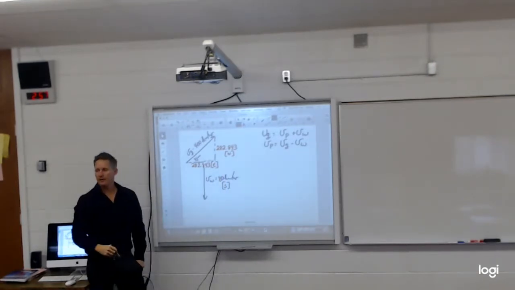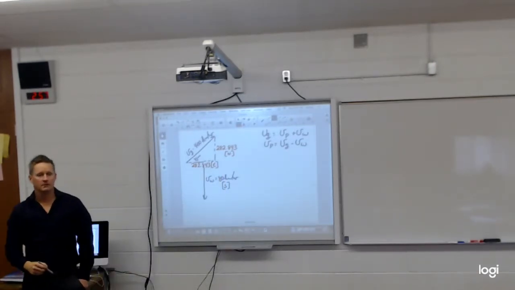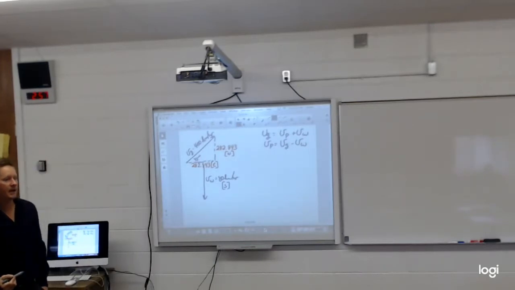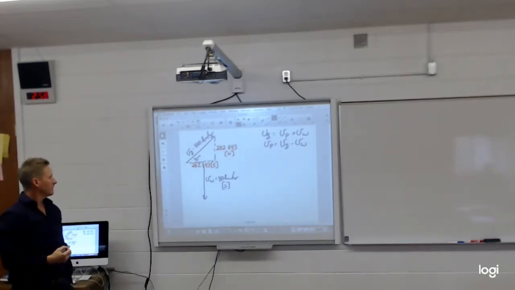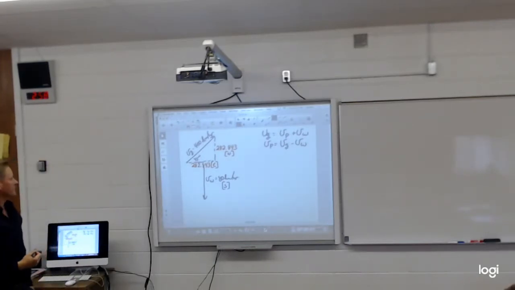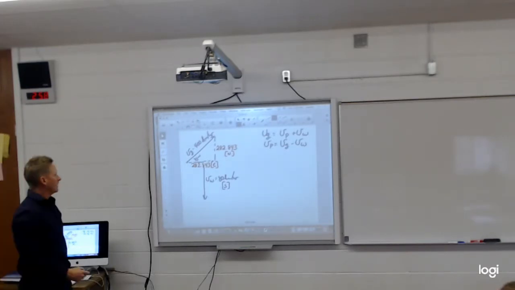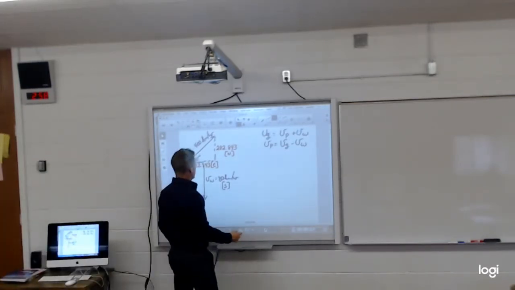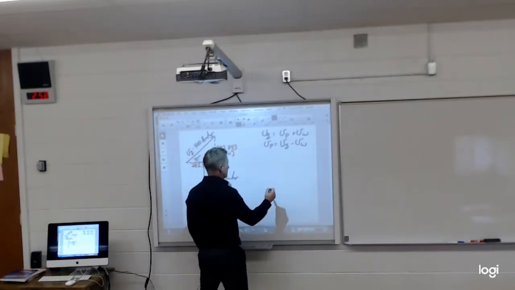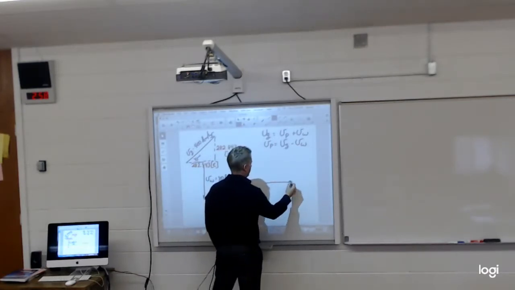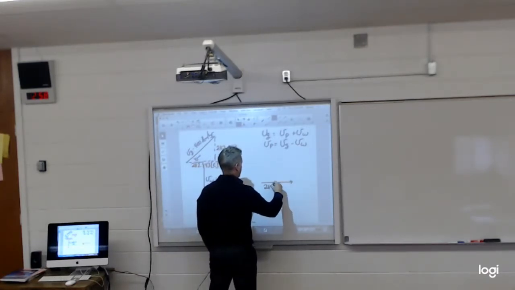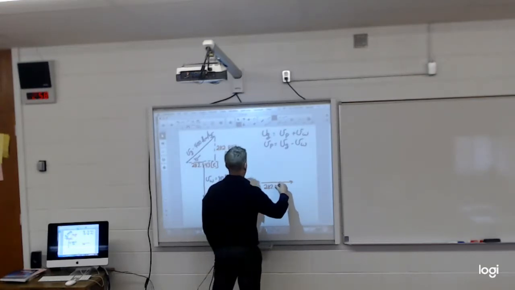So far, so good. Those have to be the same. So I've got two 45-degree angles, correct? Okay. So drawing my resultant triangle, I know that I'm going 282.843 to the east, and the same thing to the north.